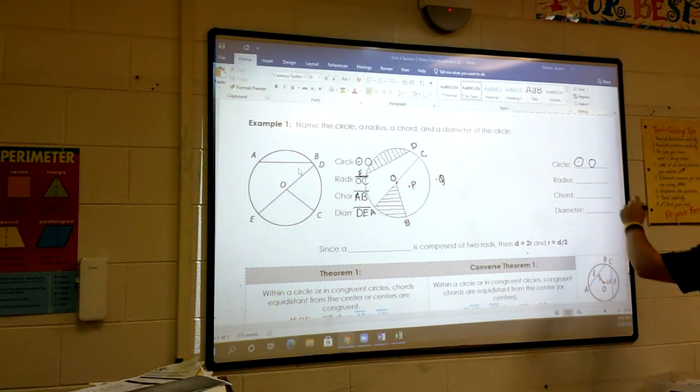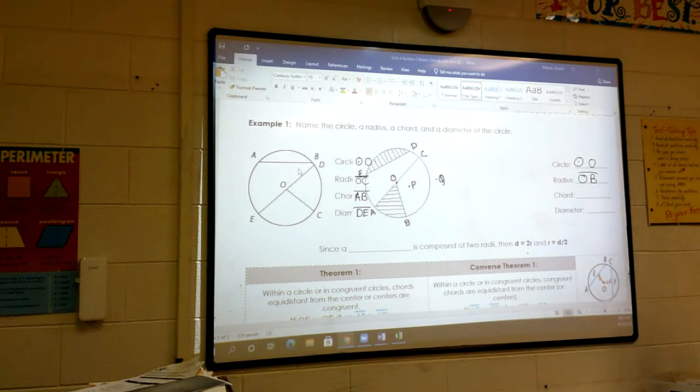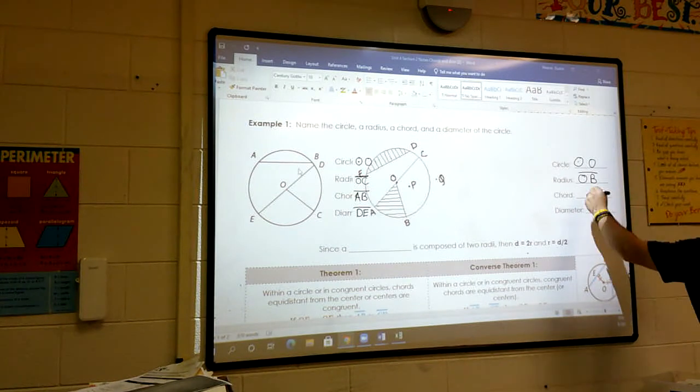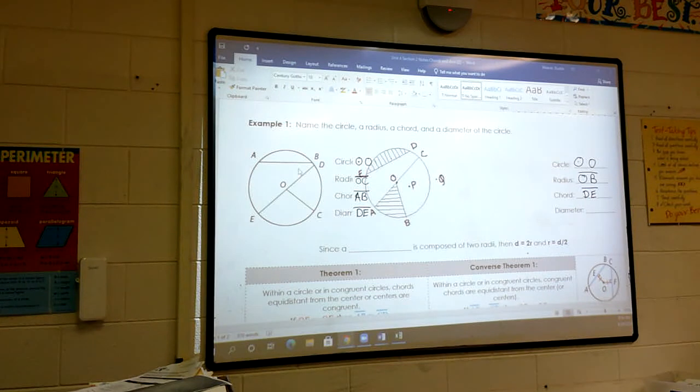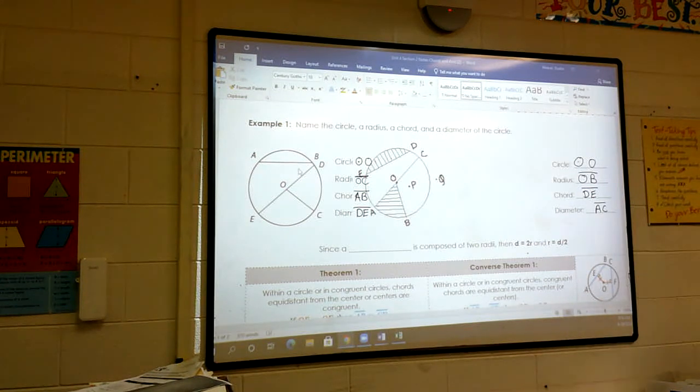So we'll say OB. A chord is up there, on 2 points of the circle. So D to E would be a chord for that one. And then the diameter goes straight through the center all the way across. That would be A to C. And so there we have our names.